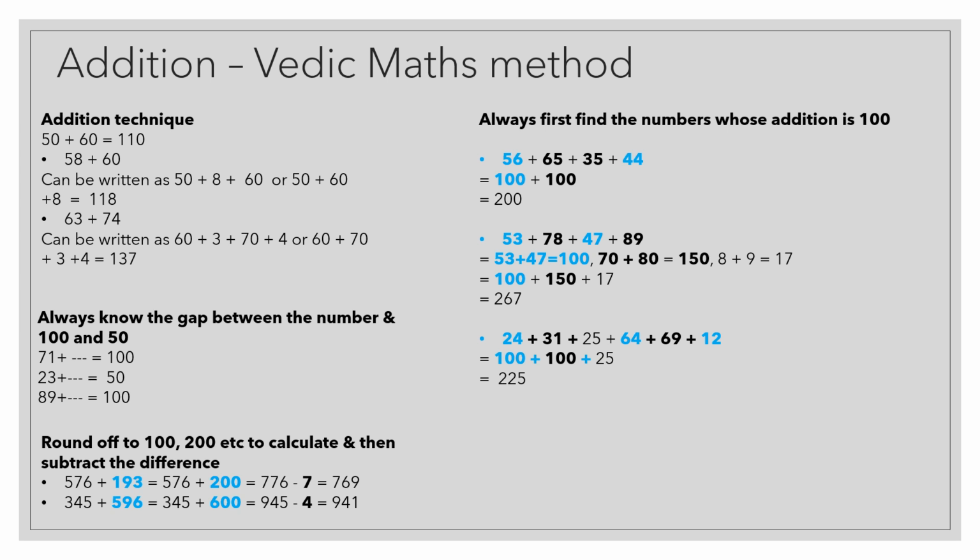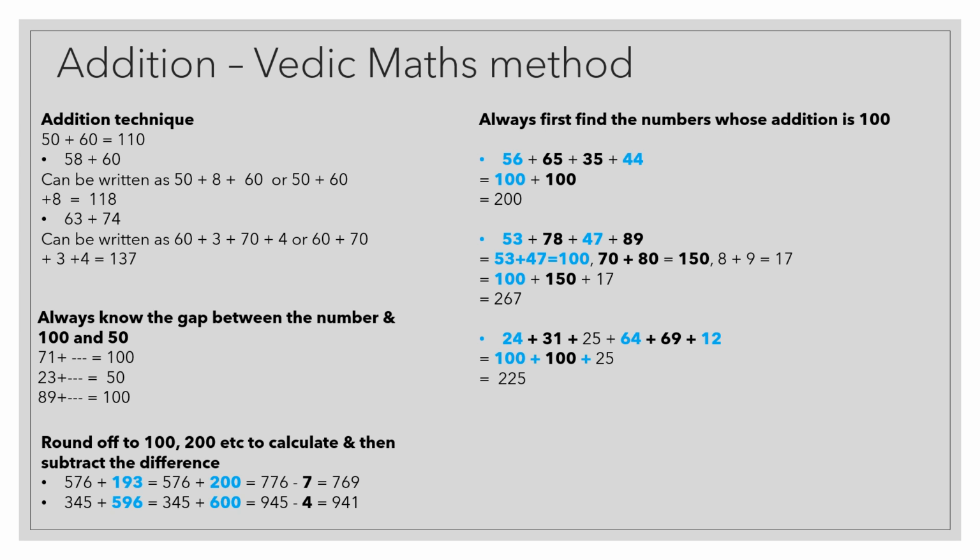Take another example: 53 plus 78 plus 47 plus 89. In this case, 53 plus 47 becomes 100, and we will expand 78 and 89. 78 becomes 70 plus 8, and 89 becomes 80 plus 9. So put together we get 100 plus 150, which is also a round-off, plus 17, so 267.